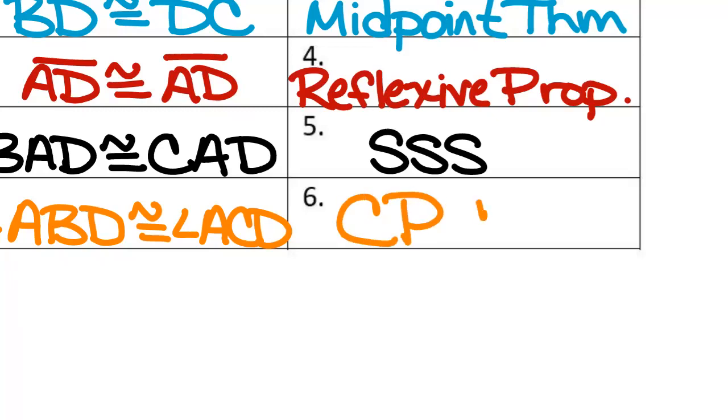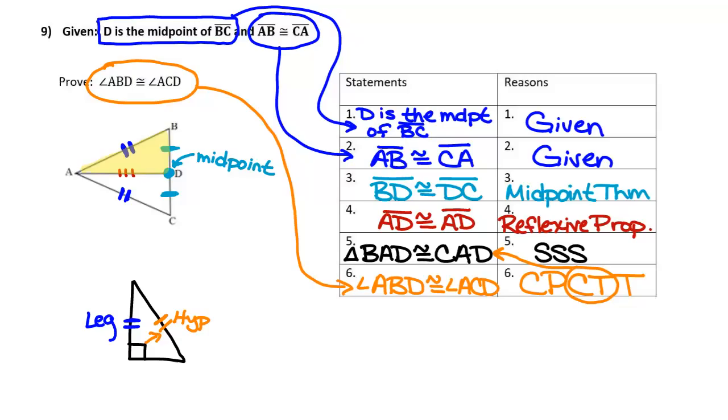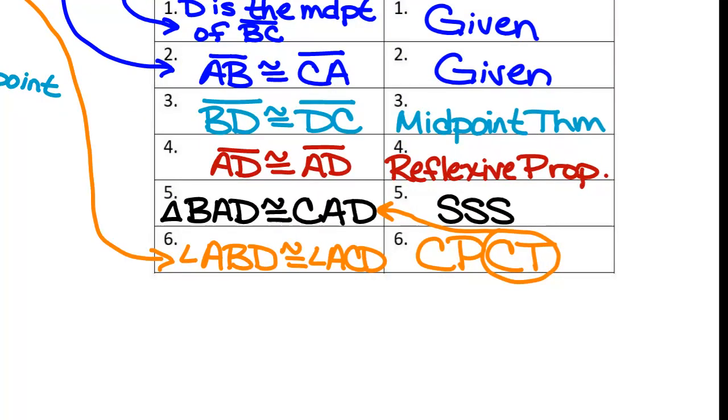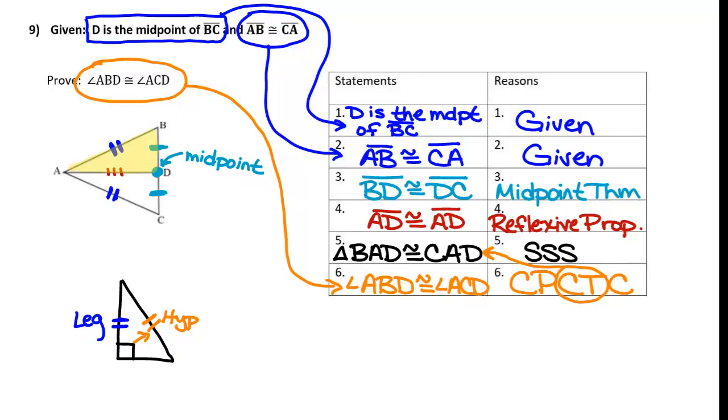Those are corresponding parts of congruent triangles, and so they are congruent. We just showed that the triangles were congruent right here. CPCTC, thank you, C at the end. Sorry. CPCTC. Thank you for catching that.